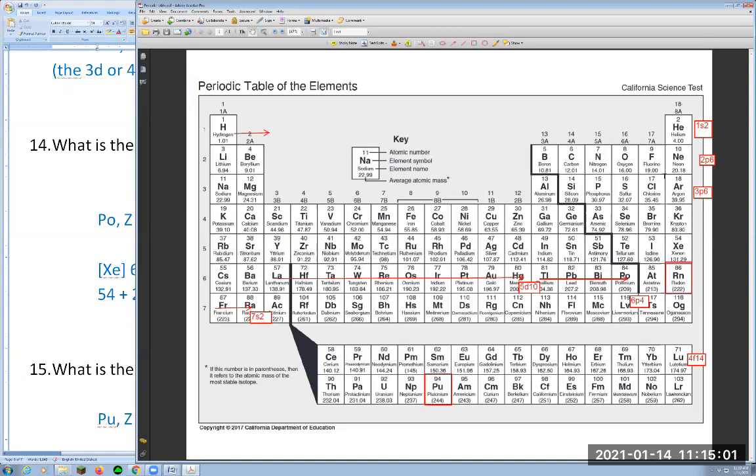From 7s2, we are going into the f, because it looks like here we are going into the d, but it's not the way I want you to do it. I want you to have the f block between the s block and the d block. So it really starts right after the s2. I want you to fill the f orbitals.